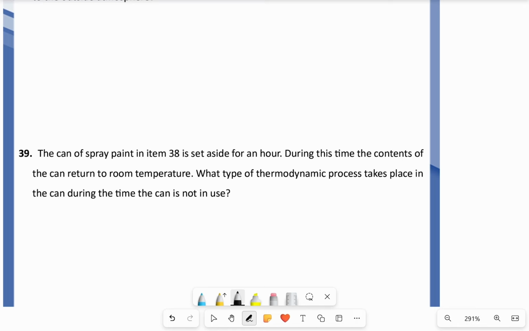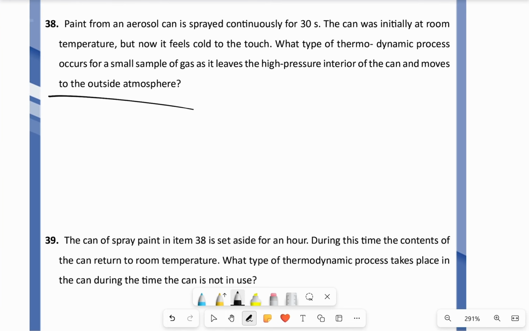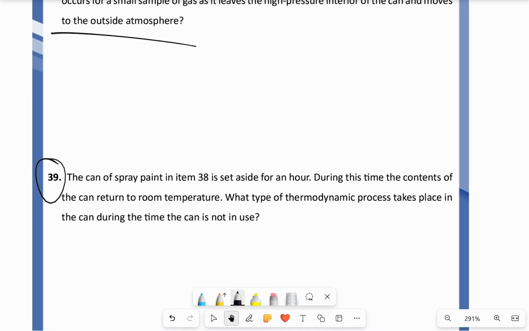The process is isovolumetric because the gas returns to room temperature without any change in the volume. What we call the paint is cooling down without any volume change. So isovolumetric. 38 is adiabatic. 39 is isovolumetric because no volume is changing.